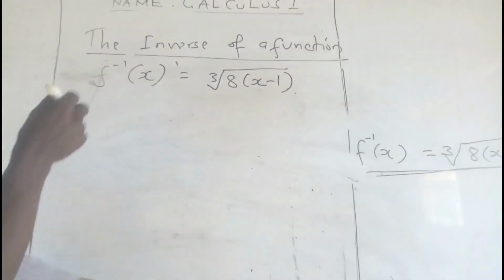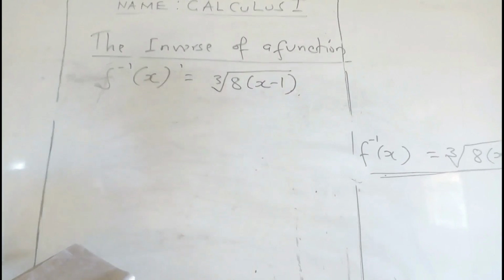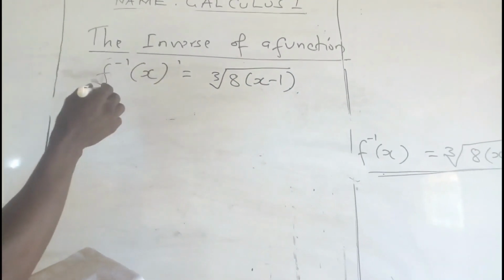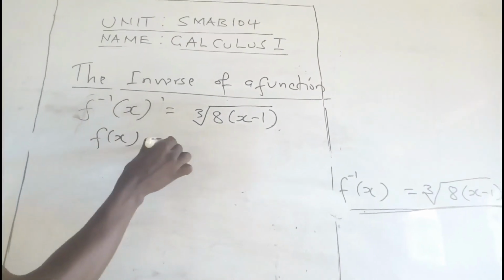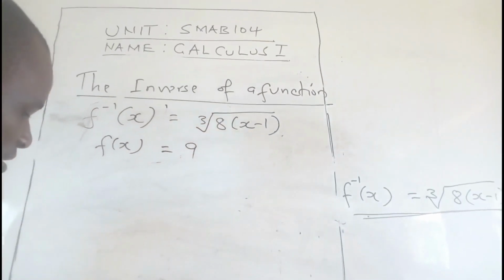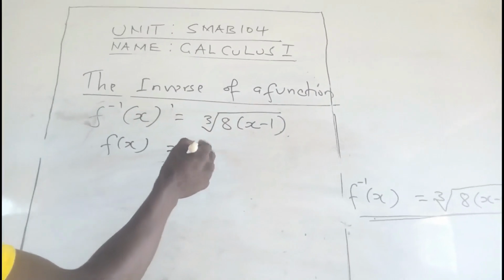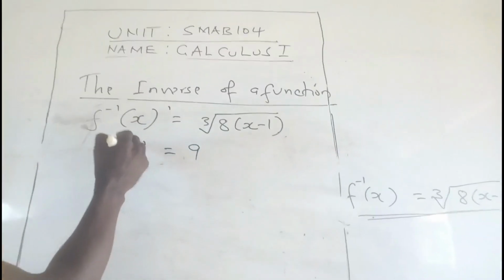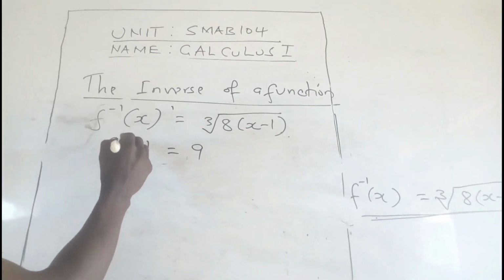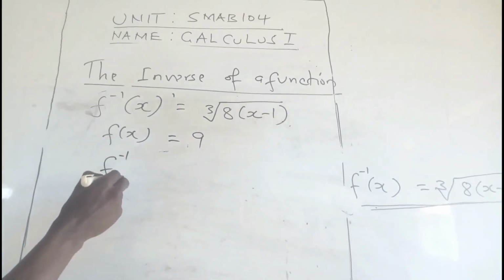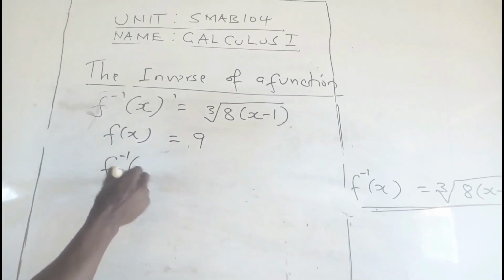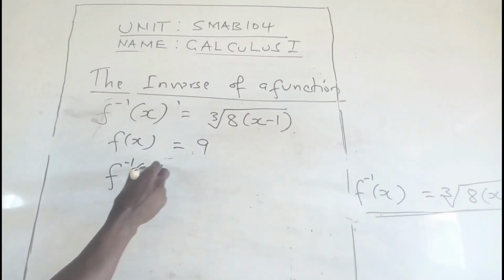Now, if we look at the equation in the previous part, we were told that the function is equivalent to 9. If the function is equivalent to 9, the inverse of the function will give us the domain, which will be the inverse of 9.